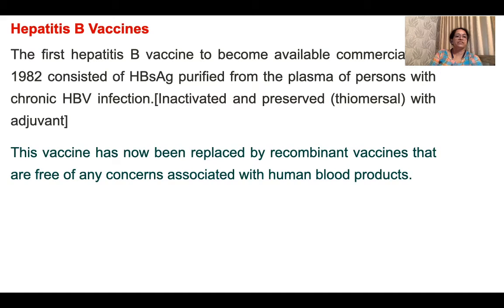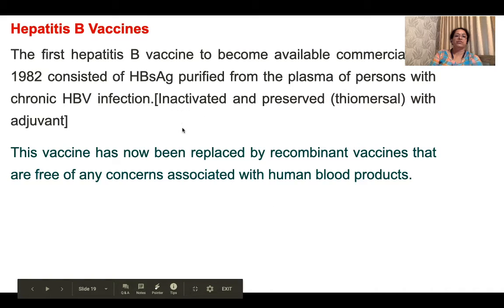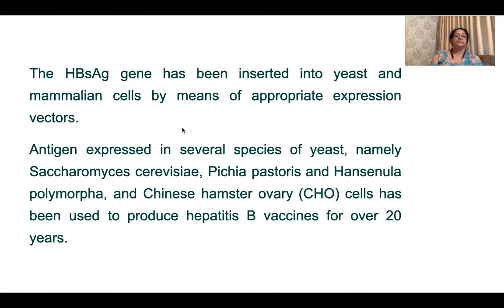This vaccine has now been replaced by recombinant vaccines that are free of any concerns associated with human blood products. Otherwise, there is a problem during cross matching while administration of this first hepatitis B vaccine. The HBs antigen gene has been inserted into yeast in the development of a recombinant DNA vaccine.